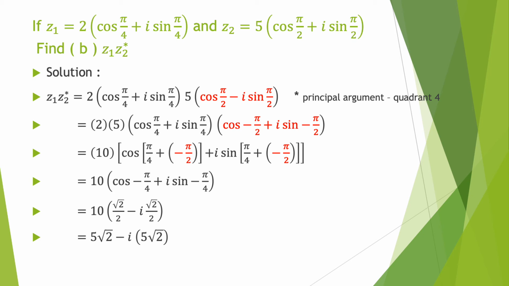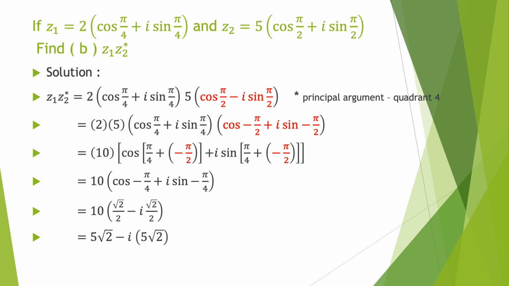So we use the principal argument to get the solution. It is in quadrant 4. So we have 5 (cos negative pi over 2 plus i sine negative pi over 2) for the conjugate of z2.